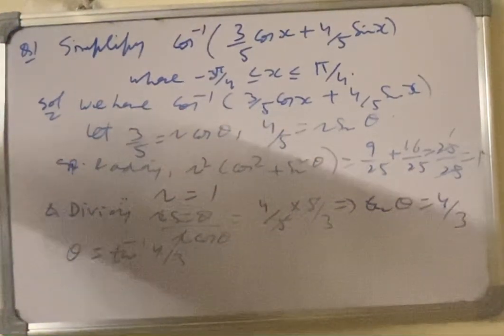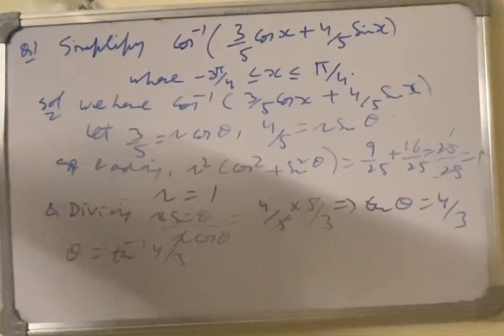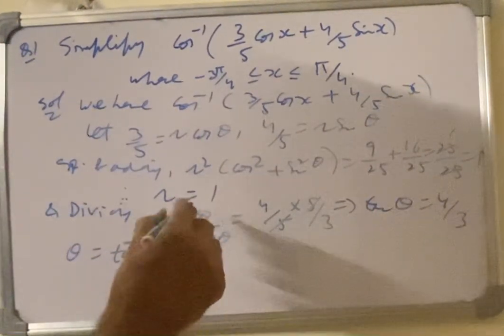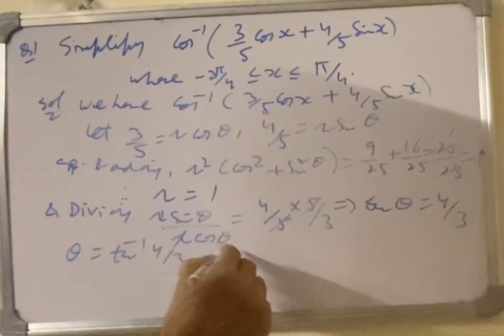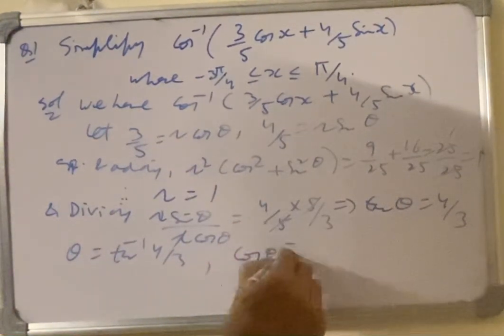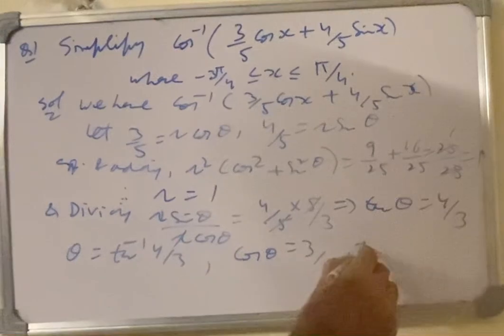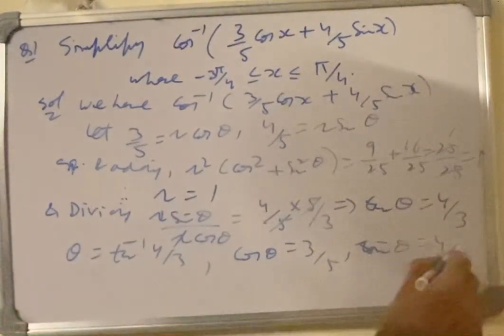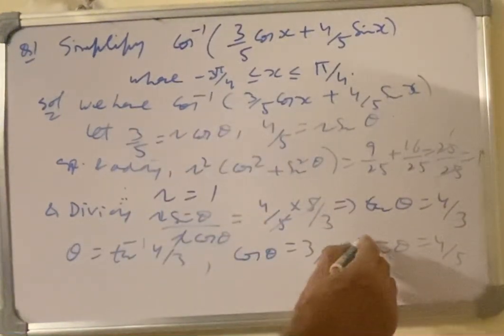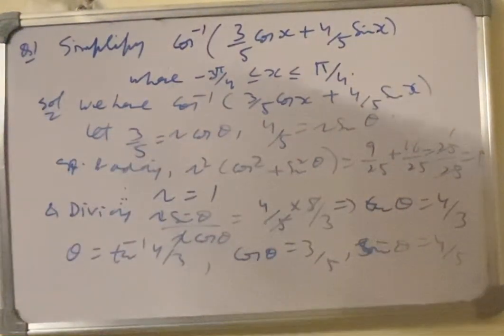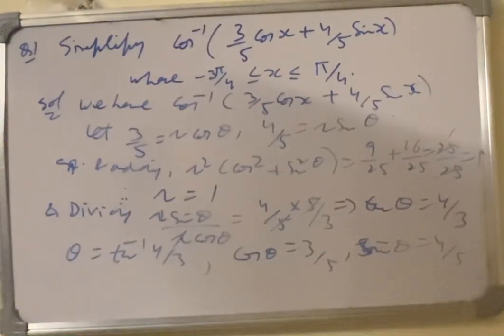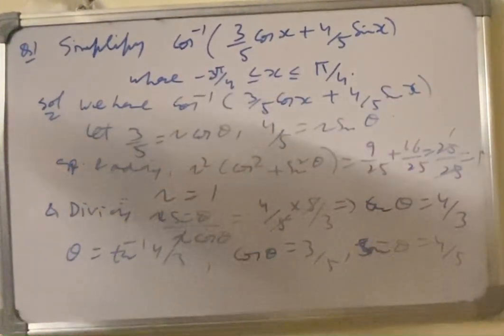Now, r is 1, so cos theta is 3/5, sin theta is 4/5, because r is 1.